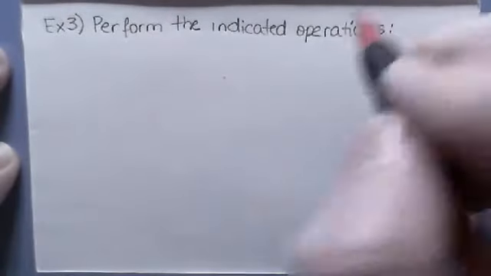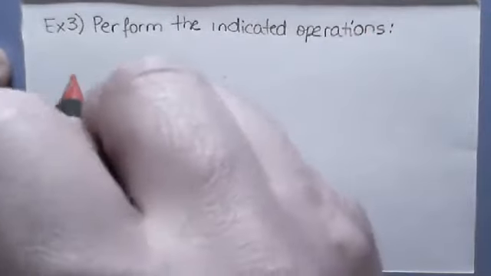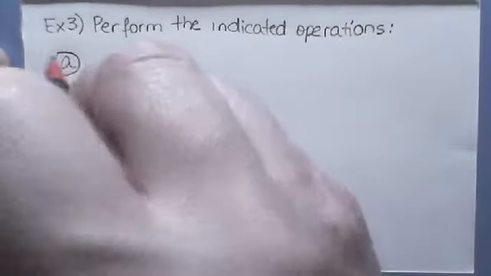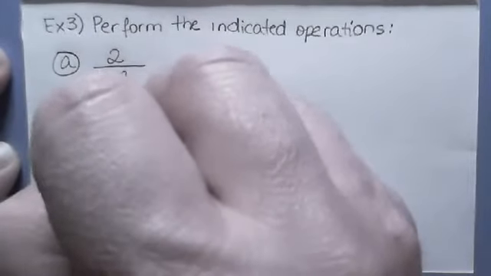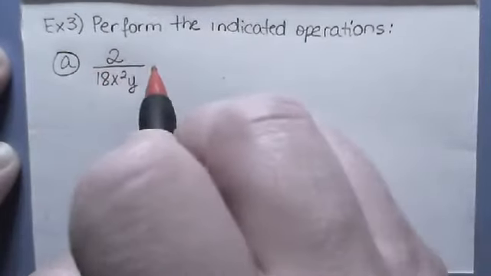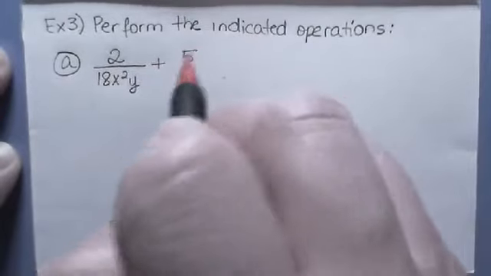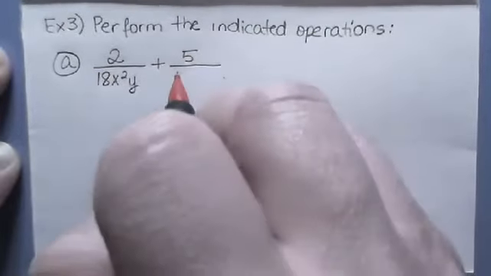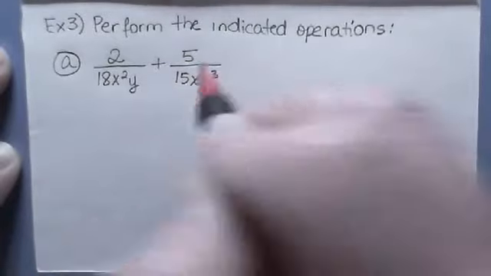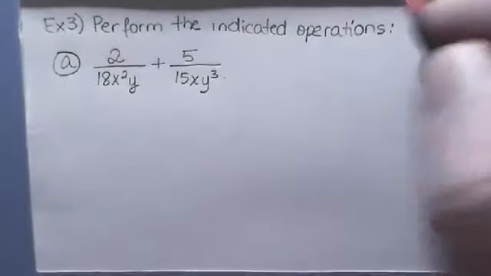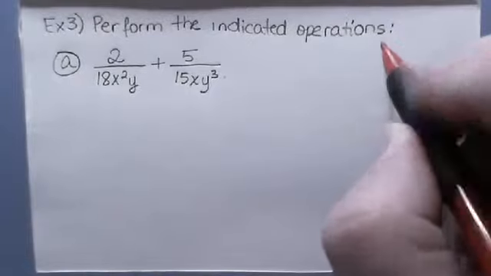Very well. And let's say I have example letter A, which is 2 over 18 x squared y plus 5 over 15 x y to the third.